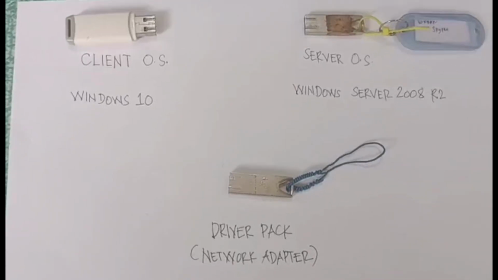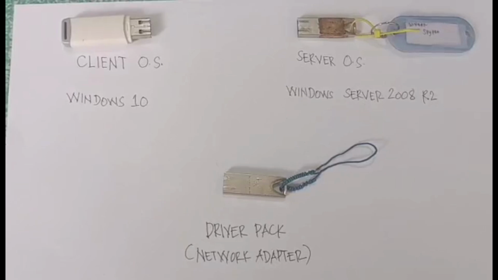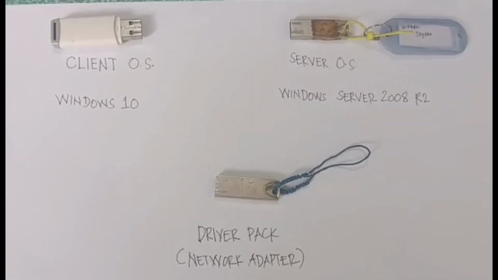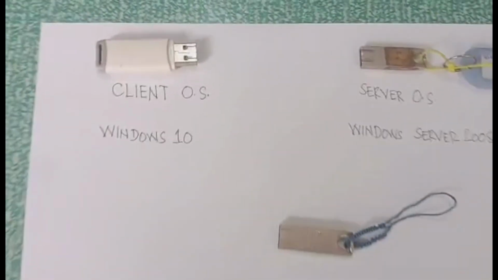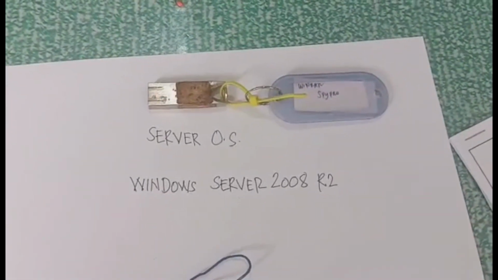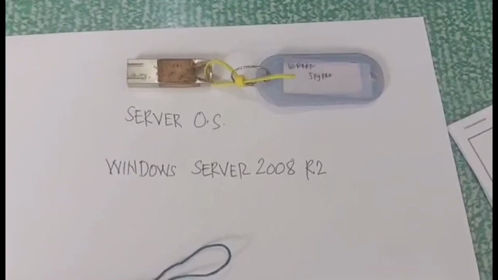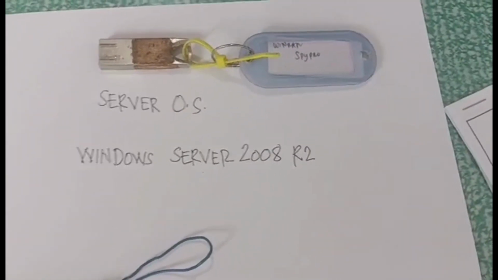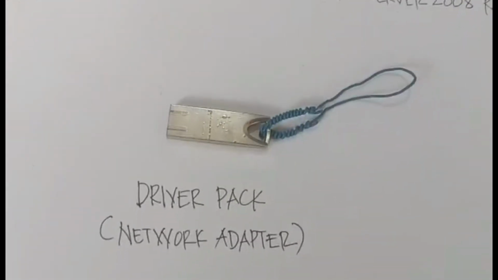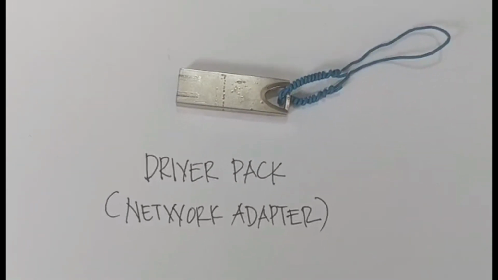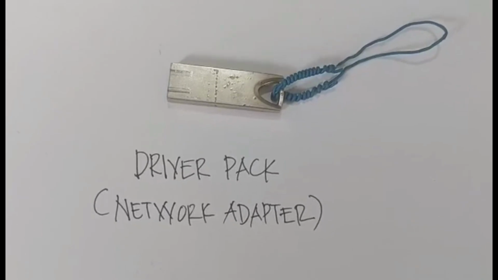So I already have created a bootable USB device. One is for my client computer, for which I use the Windows 10 operating system. I also have another bootable media for my server, for which I use Windows Server 2008 R2, and I also prepared a driver pack. I used it specifically for the network adapter.